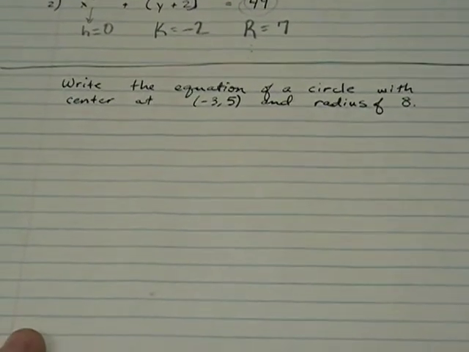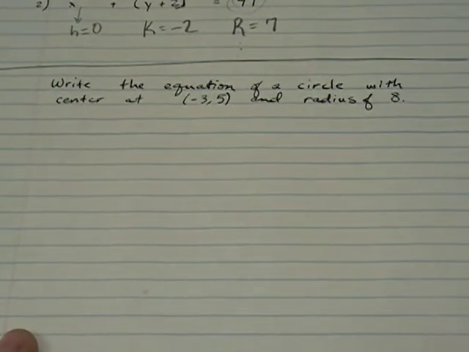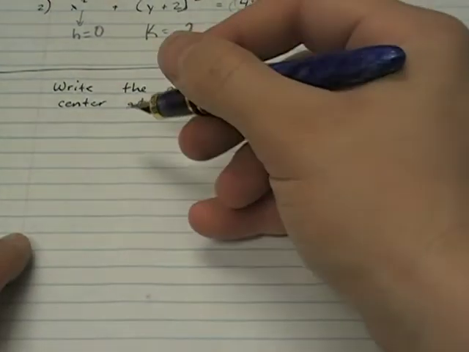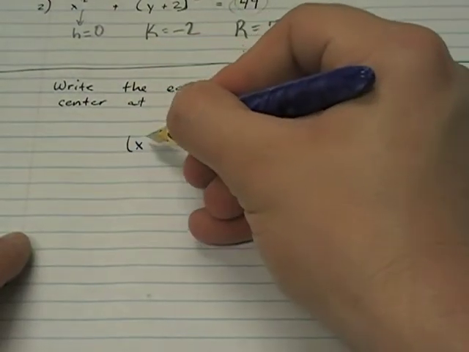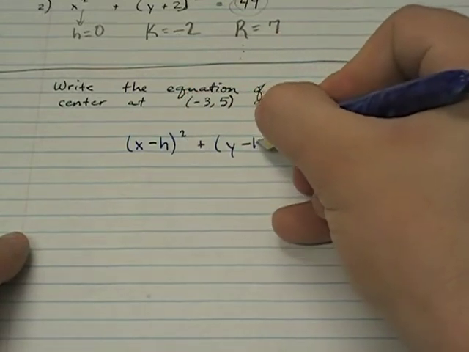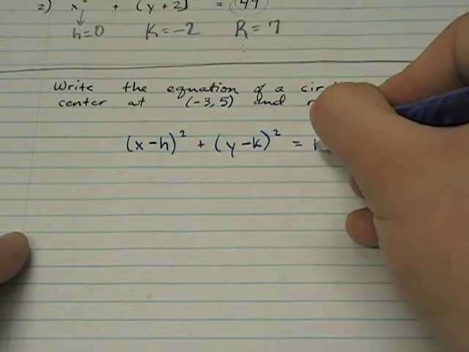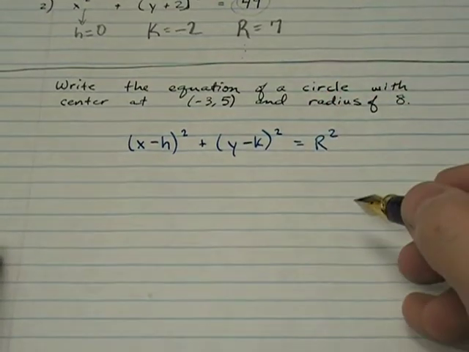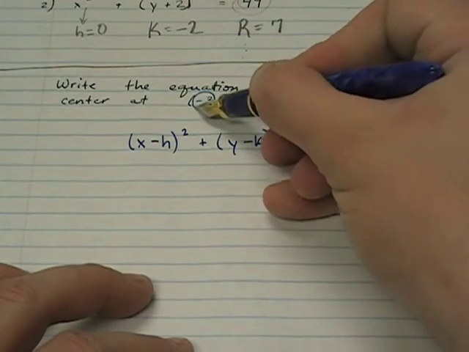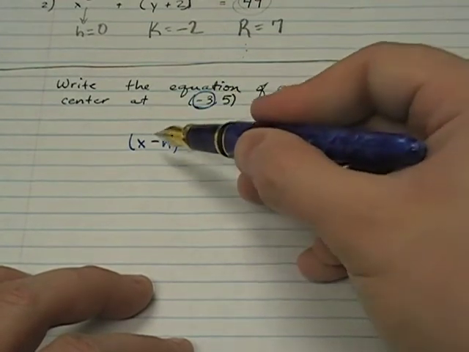The last question here on this sheet of paper is: write the equation of a circle with the center negative 3, 5 and a radius of 8. Now the simplest way to do this is to start with your original equation, which is x minus h squared plus y minus k squared equals r squared. And then remember what I told you, the x value, if you change the sign, that becomes h.